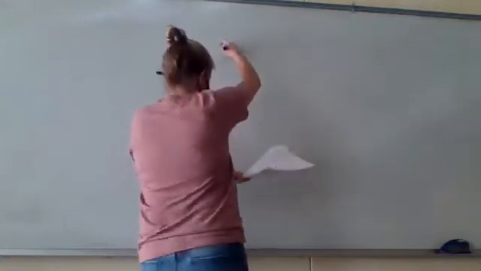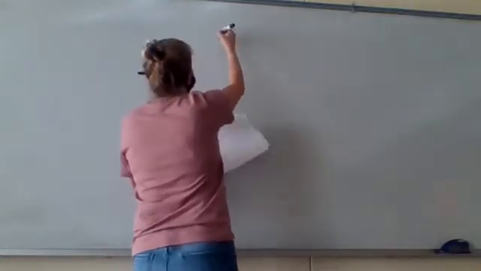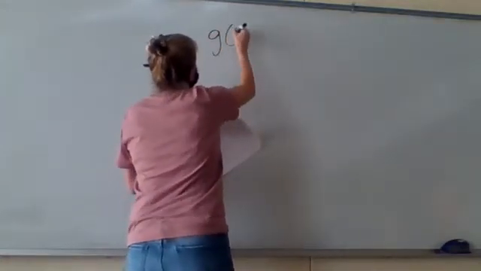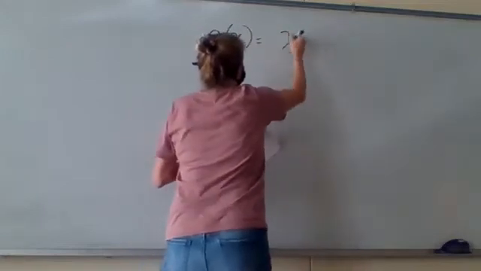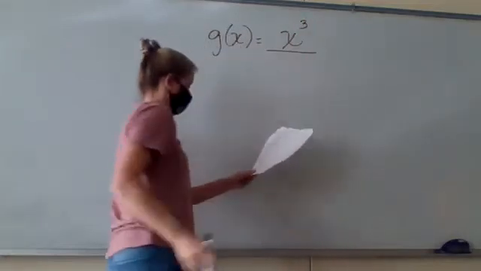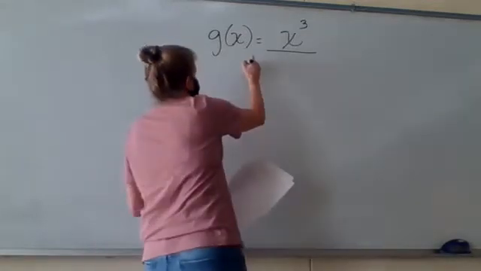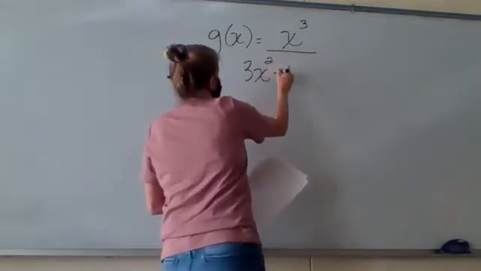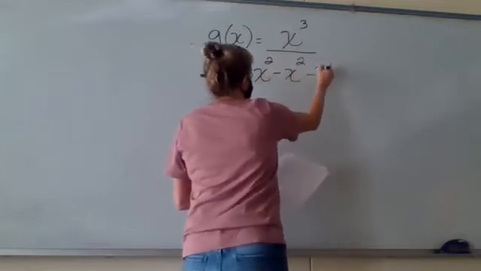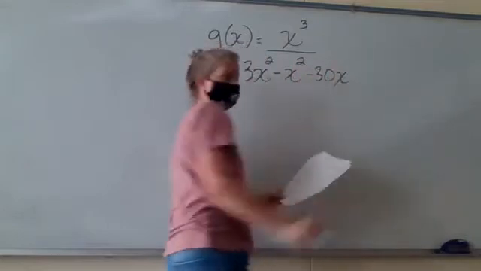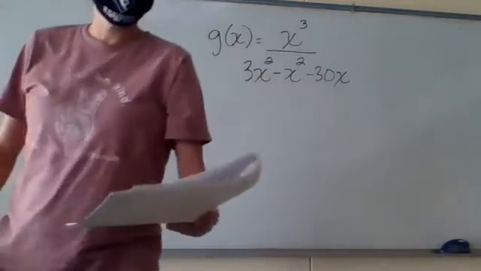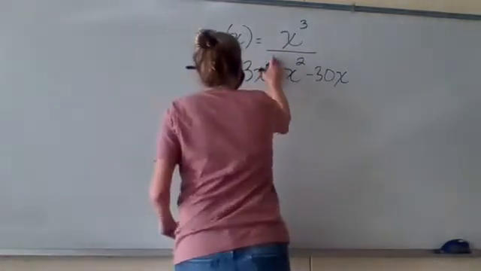So I've got g of x equals x cubed over 3x cubed minus x squared minus 30x.